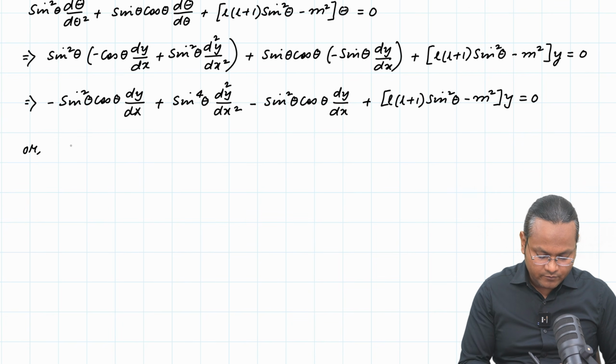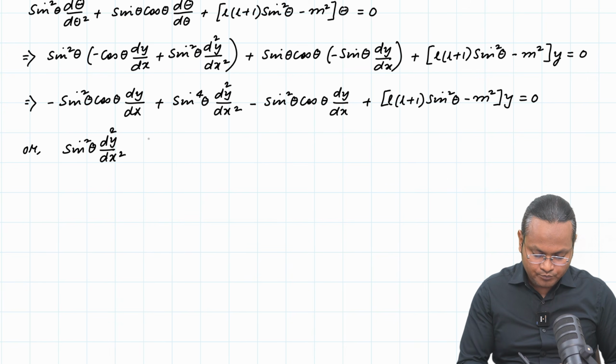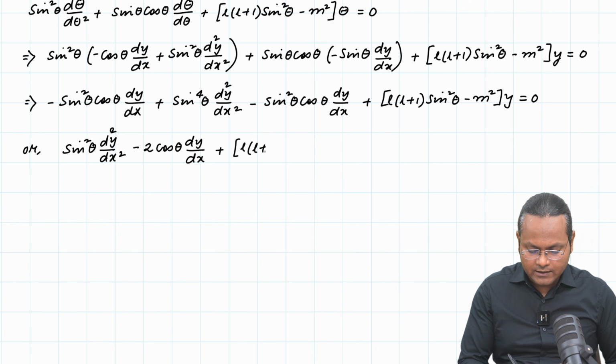So we have sine square theta d2y upon dx2, and then you have minus 2, sine square theta is gone, we have cos theta dy upon dx plus l plus 1 sine square theta minus m square upon sine square theta.